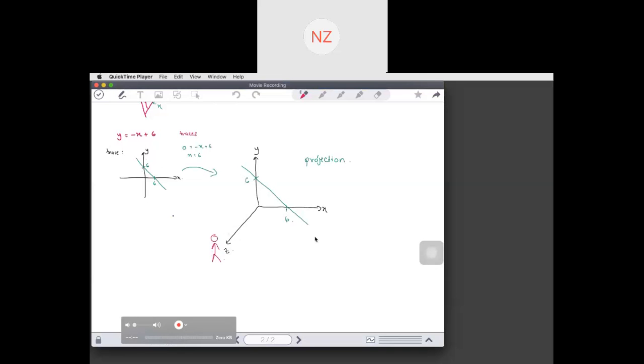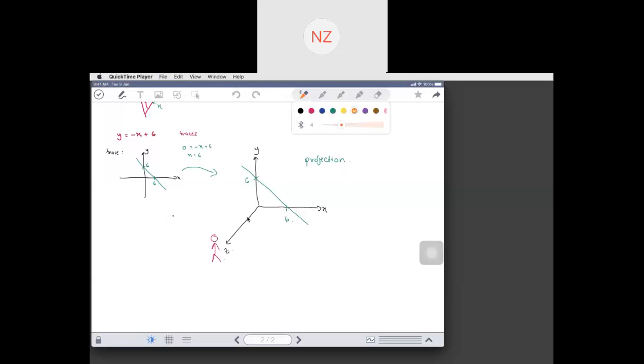Now back to the projection. Imagine in front of you, this is you, there is another y-axis plane. That is your imagination. Imagine there is another y and x. You can put it behind as well, but normally to be easier to sketch, we put it in front.